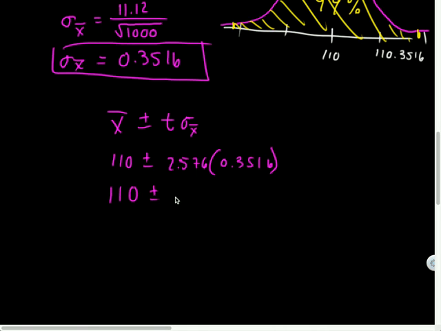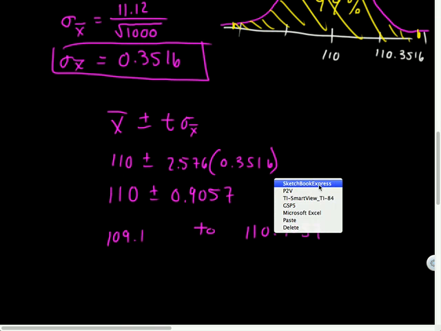Plus or minus 0.9057, right? So my upper bound will be 110.9057, and my lower bound will be what? 109 point... what's that going to be?